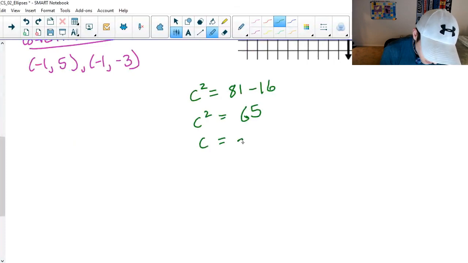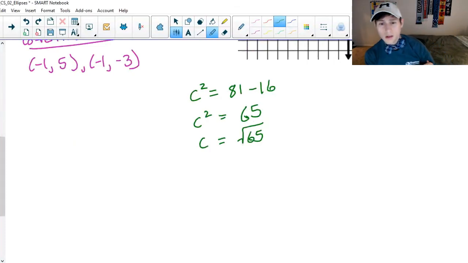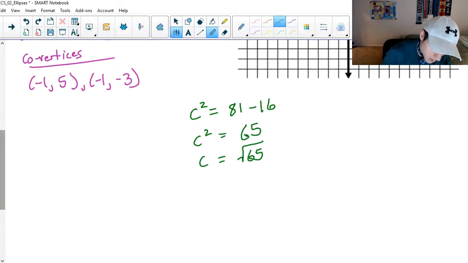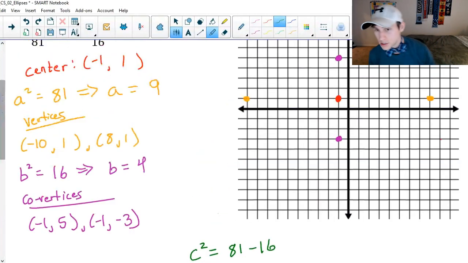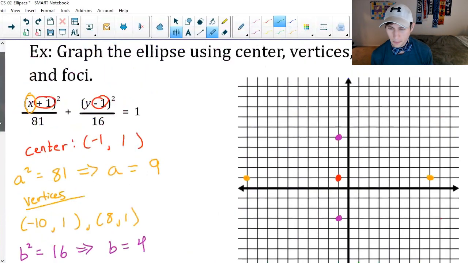Take the square root of 65. We cannot reduce that. I'm trying to think, it'll be 5 and 13, so no. C equals square root of 65, so our foci should go left and right because this is a horizontal ellipse.